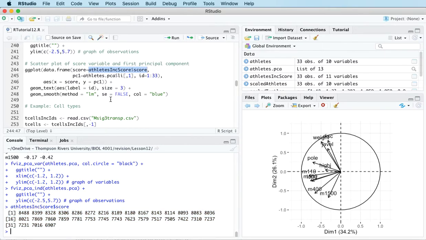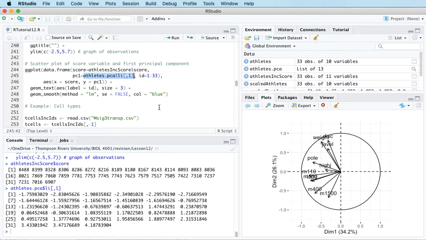So let's see. What we could do is pick off the scores. These are the scores for the athletes, the principal component scores on the first dimension. Remember, the first dimension we said was picking up overall performance.